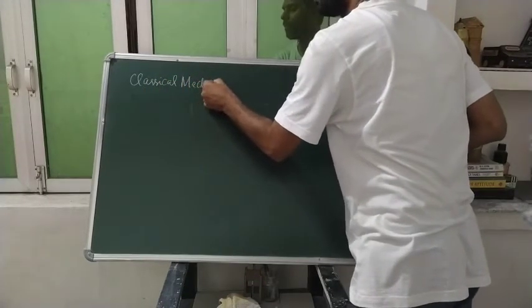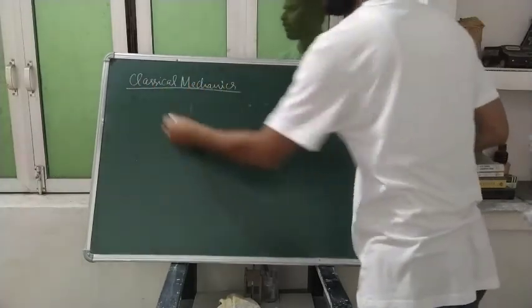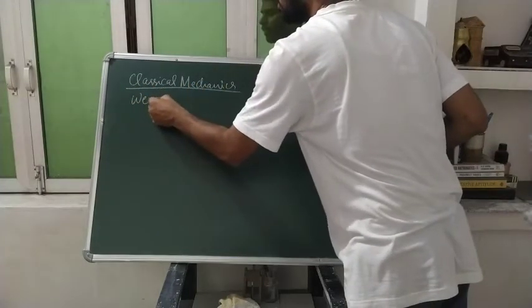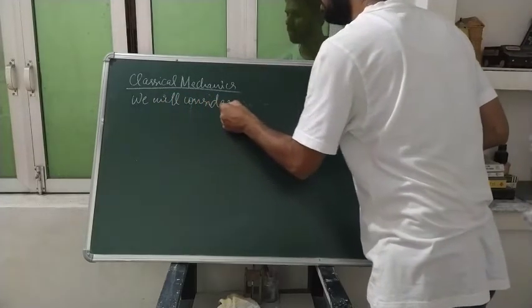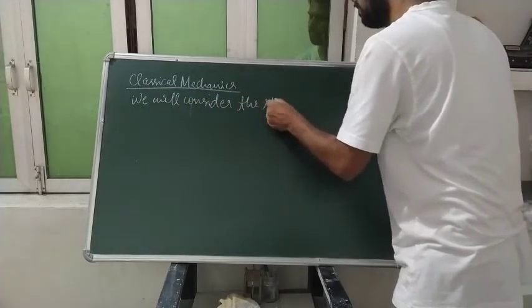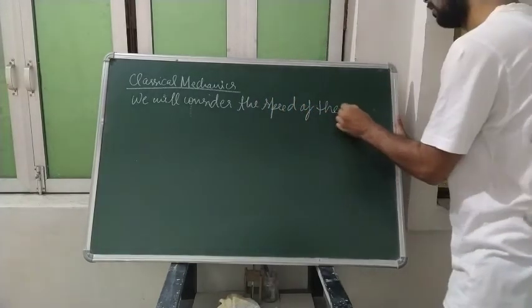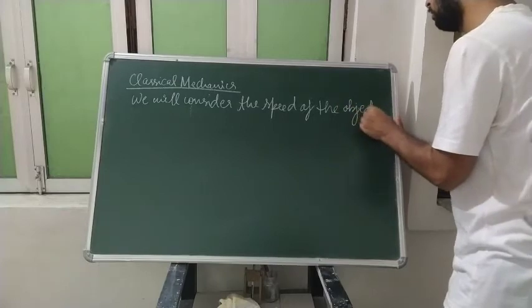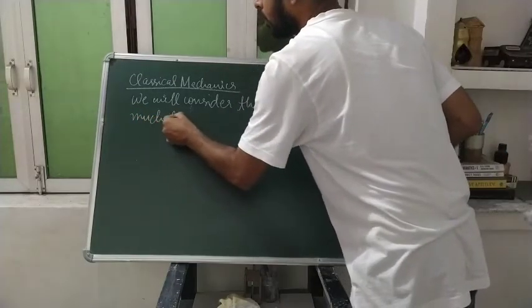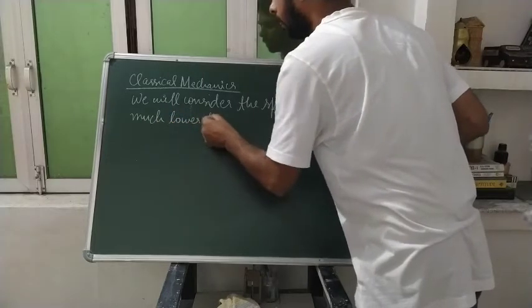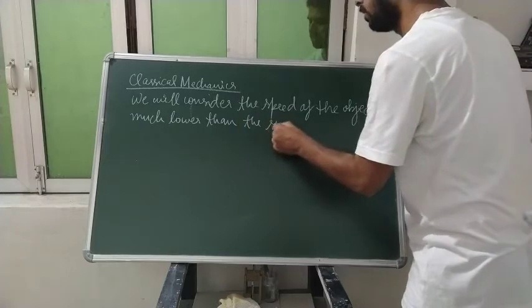In classical mechanics we will consider the speed of the objects much lower than the speed of light.